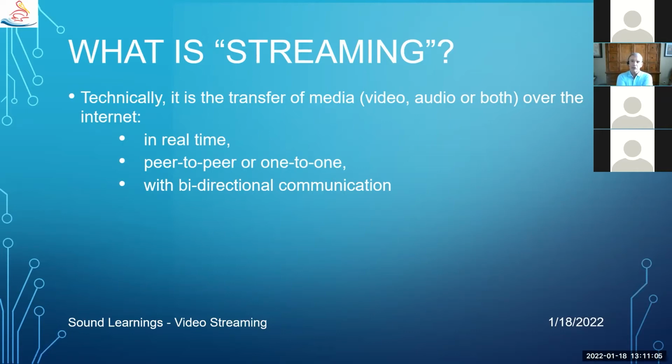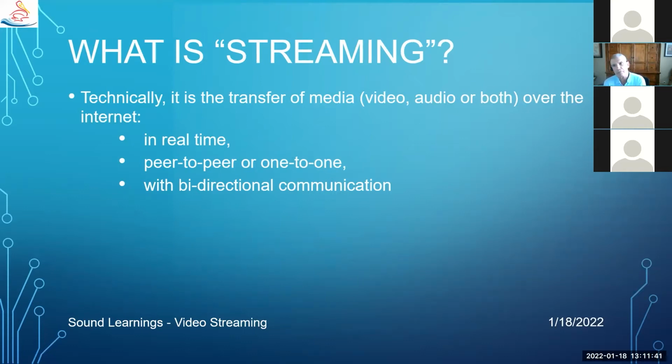It is what's called peer-to-peer, in other words, one-to-one. Some service is sending it to me individually, and it's bi-directional, meaning that not only can I receive that video or audio, I can feed back to them what I want to do with it. So for example, if I'm playing a video on my smart TV or on my phone, I can pause it, rewind it, go forward.